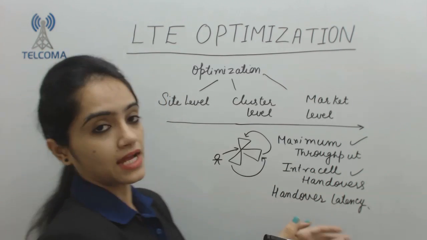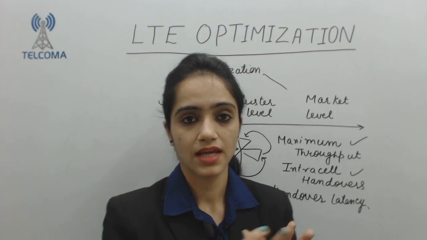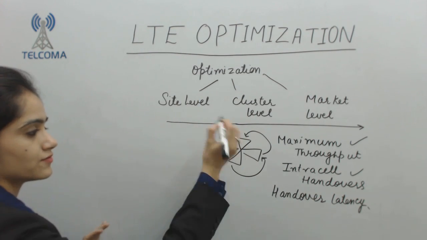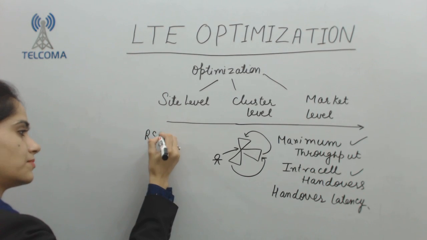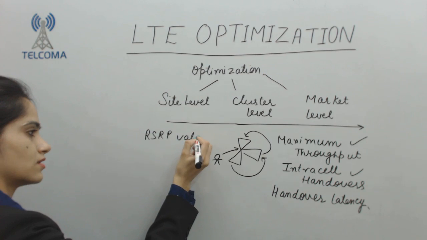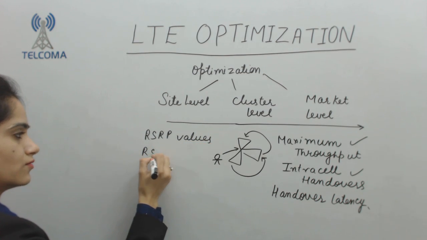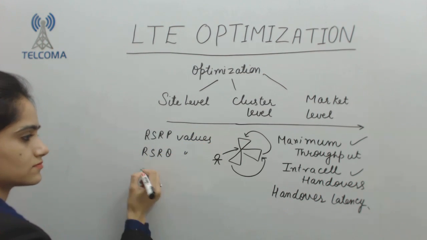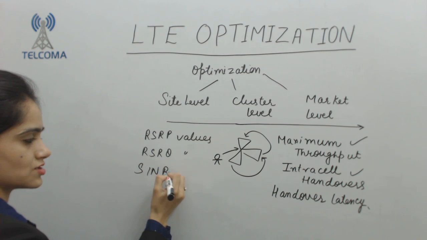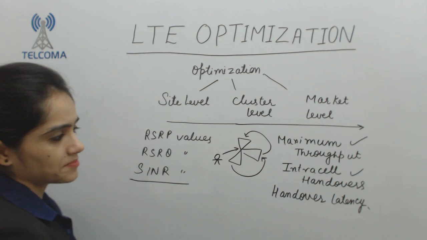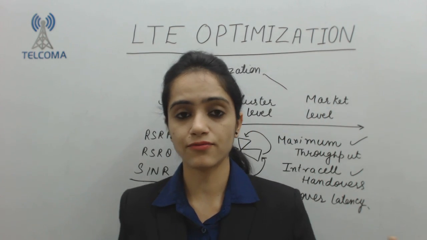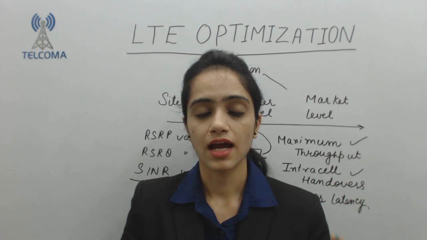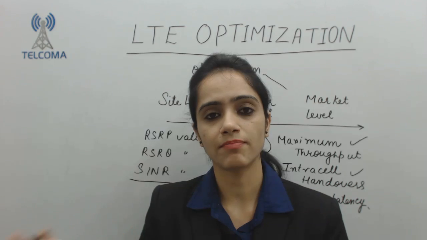Latency is the minimum time for handover decision. After that, the parameters we require in the single cell function test are RSRP values, RSRQ values, and signal to interference noise ratios. In a single cell function test, we mainly focus on a single site and revolve around it, and we record and calculate each and every parameter.